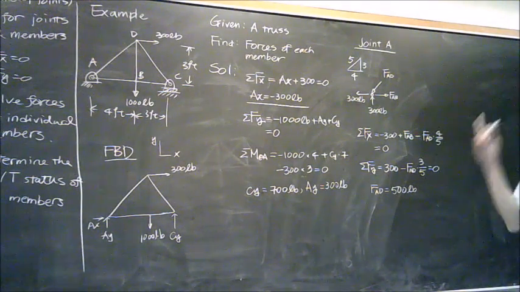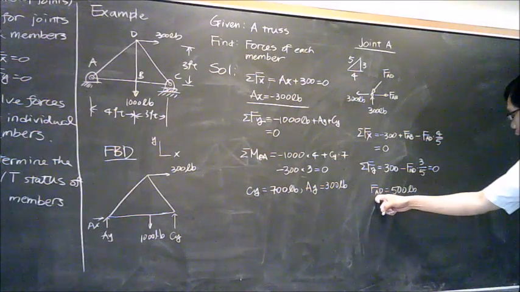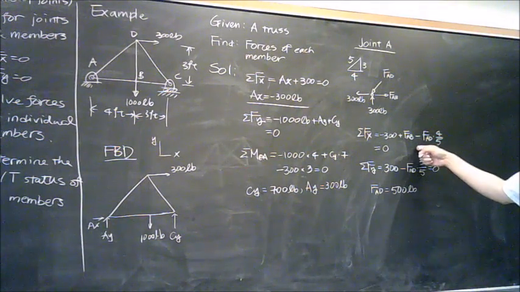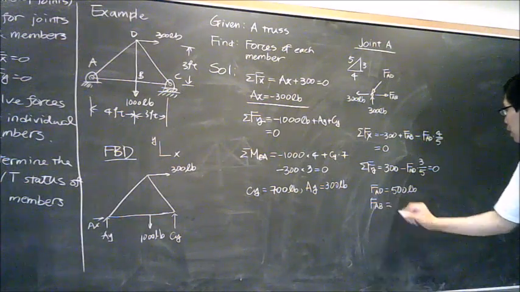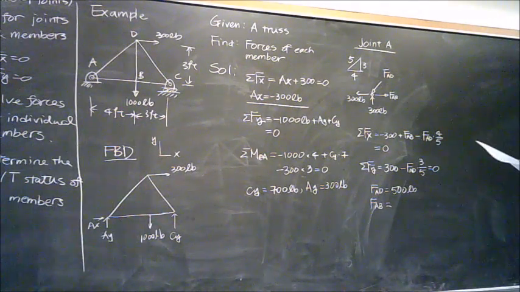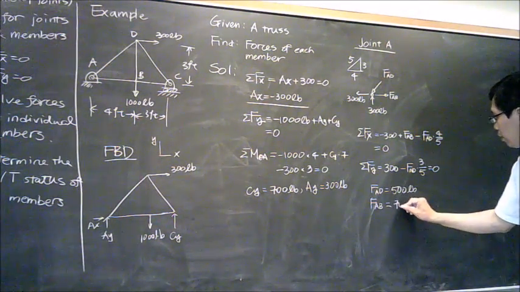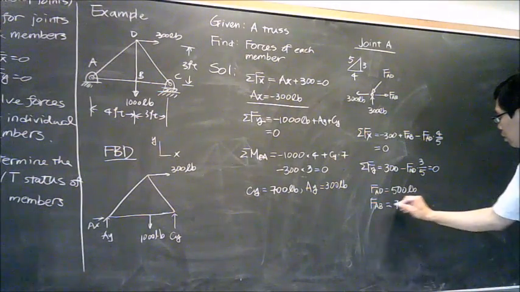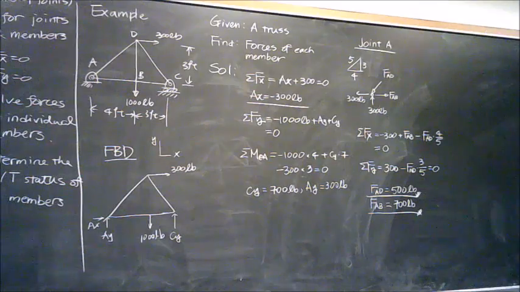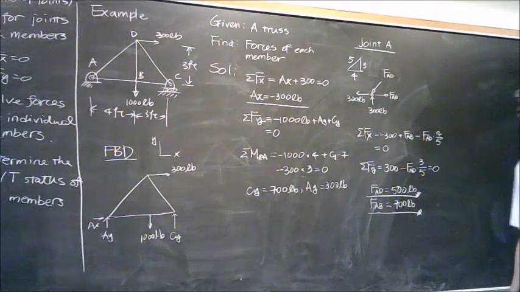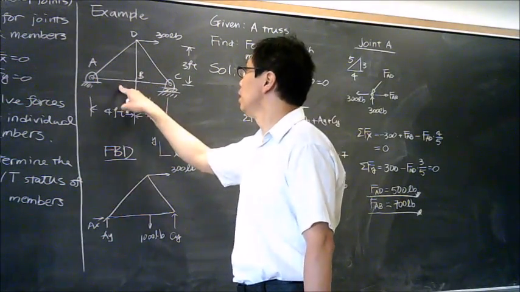Since FAD equals 500 pounds, put it back to here, and we get FAB equals 700 pounds. Those two are the answer for my internal forces for this member and this member.